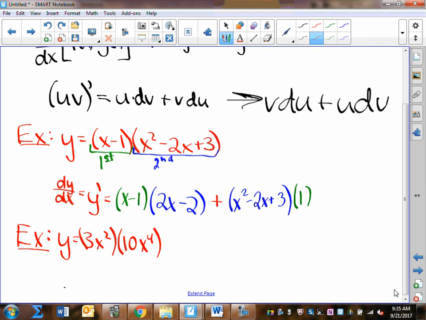What would be another thing that we could do before we even take the derivative? Just multiply it out. What would this become? 30x to the 6. And then can we do power rule pretty quick with that? So when you have a quantity where there's some adding, subtracting, that probably is going to be faster to do product rule. But if it's just something you can simplify real quick, it's probably easier to simplify and then do power rule.